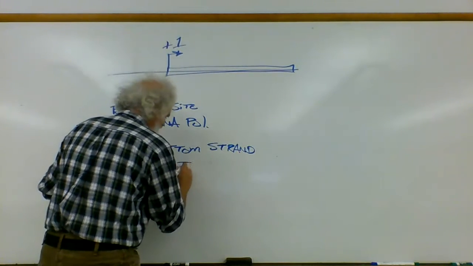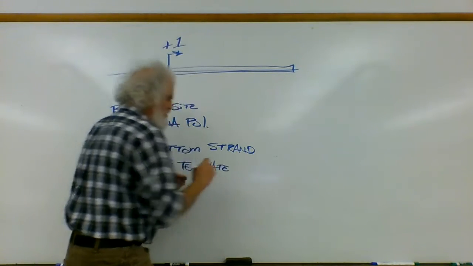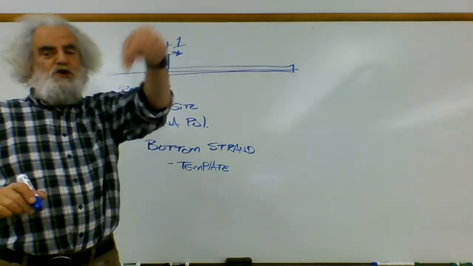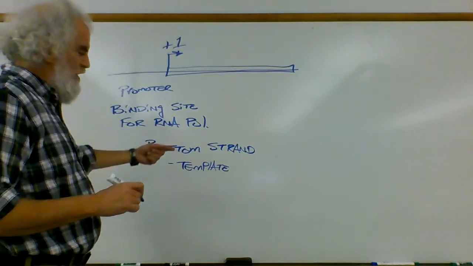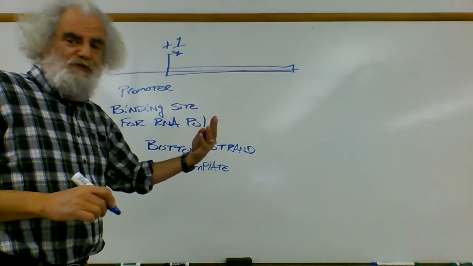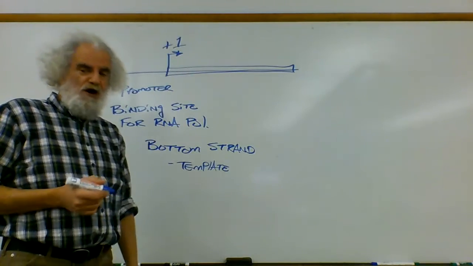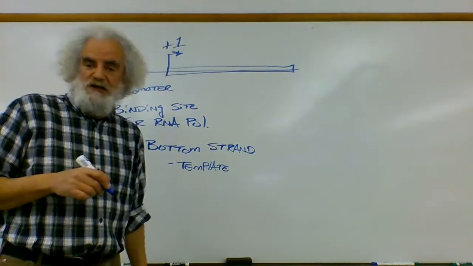The bottom strand is what we would think of as the template strand. That's what we're going to be reading, putting in nucleotides that will be the corresponding base pairs to generate the 5' to 3' top strand, but now in the RNA form. And really the only difference is instead of having thymines, we have uracils.